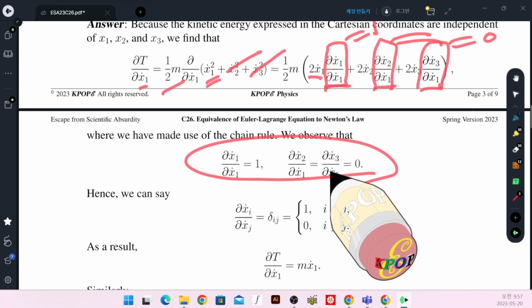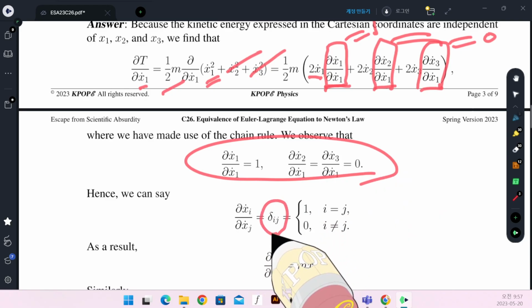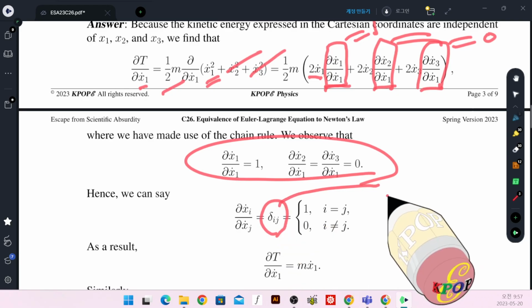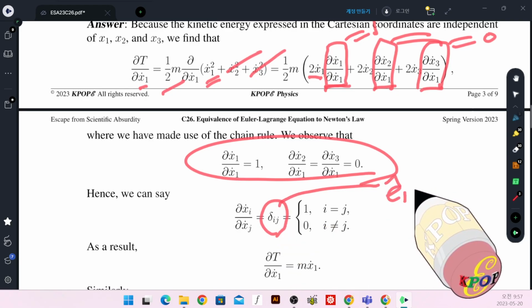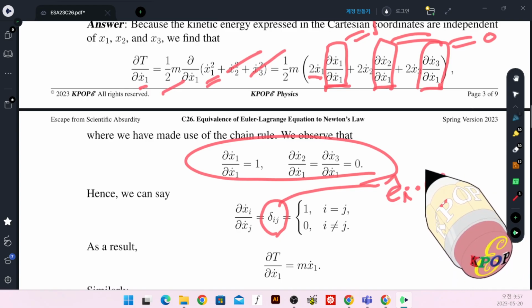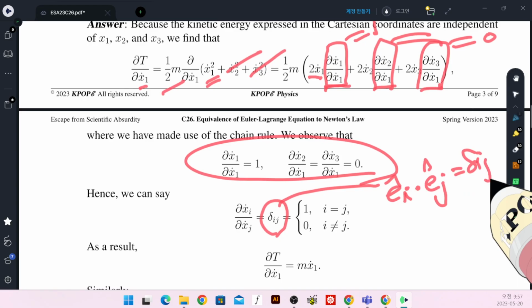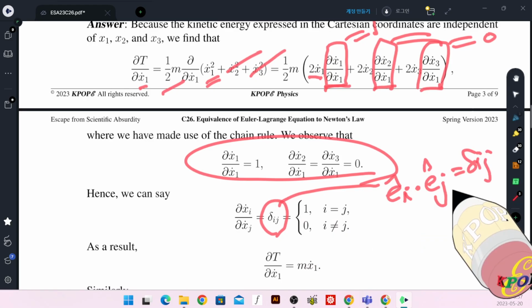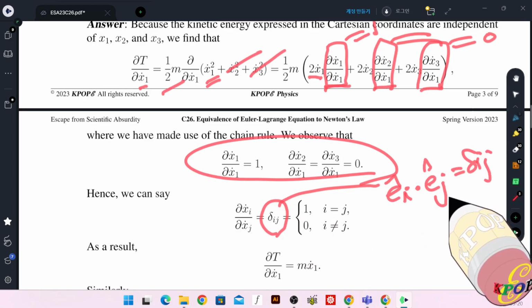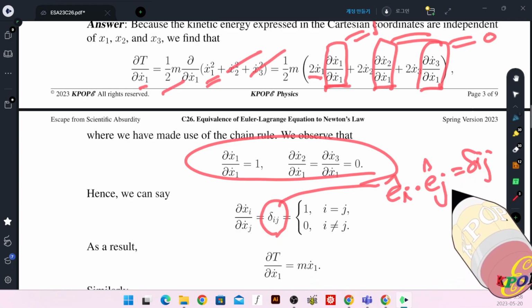In short, they are expressed in terms of a Kronecker delta, which we are familiar with when we compute the scalar product of two Cartesian unit basis vectors. They are 1 if the two vector indices are the same, and 0 when the two indices are different.